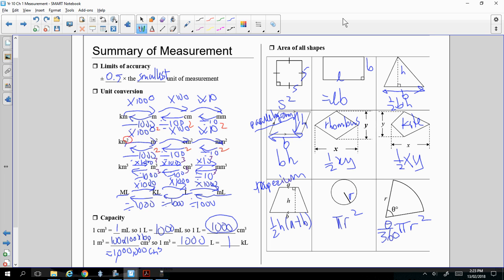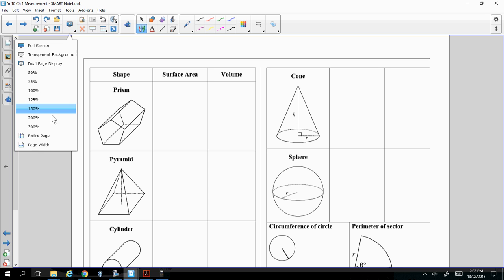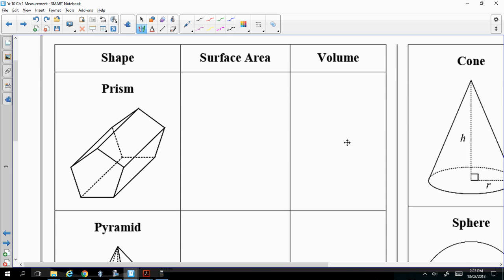So we looked at the plane shapes. There's also 3D shapes we have to look at, both in terms of volume and surface area. So there's a summary there. Let's go through the formulas. For a prism, you just find the sum of areas of all the faces.